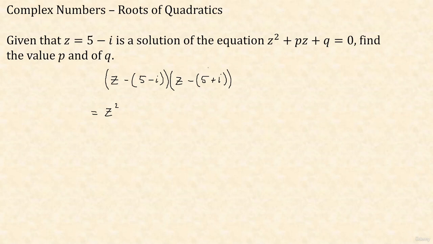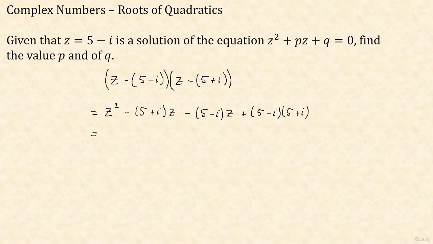Now I get z times this bracket, so that is minus 5 plus i z. Then I get this z times this bracket, so that's minus 5 minus i z. And then I get these two brackets multiplied. The negatives cancel, and I just get 5 minus i times 5 plus i.